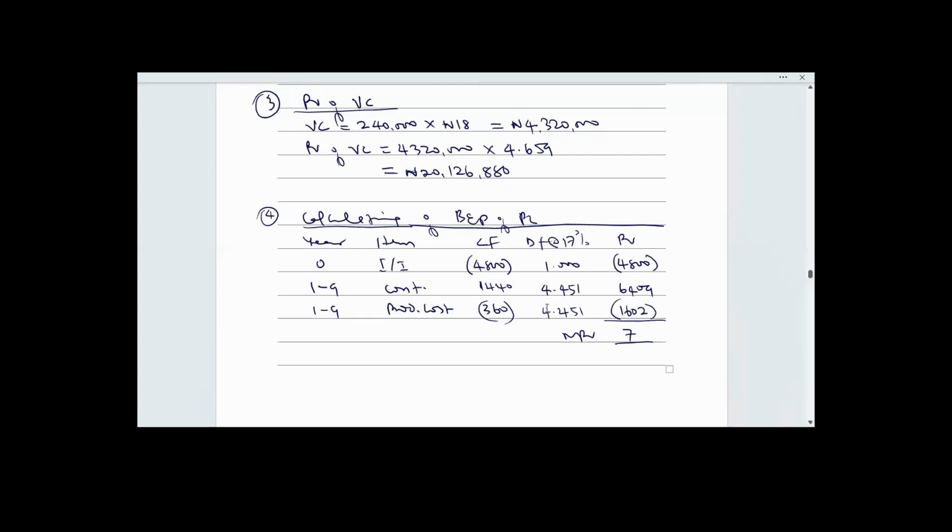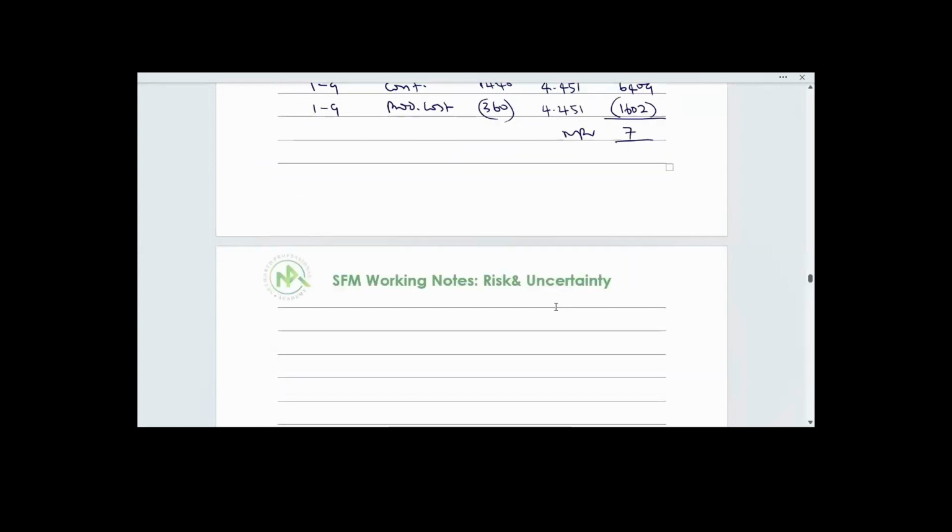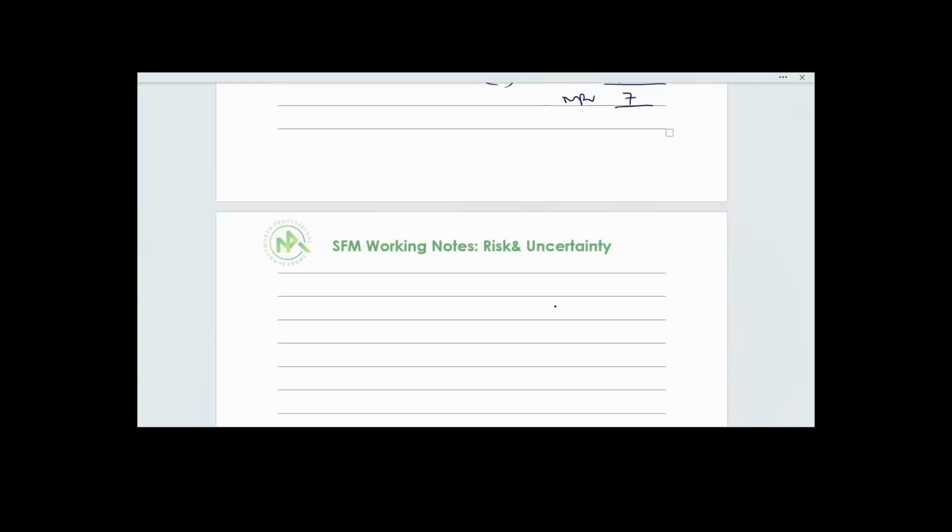Now that I have the NPV of the reduced life, I need to move to step 3, which says calculate break-even points of project life. Therefore, break-even points of project life equal reduced life plus NPV of reduced life over NPV of reduced life plus NPV of normal life, multiplied by normal life minus reduced life.